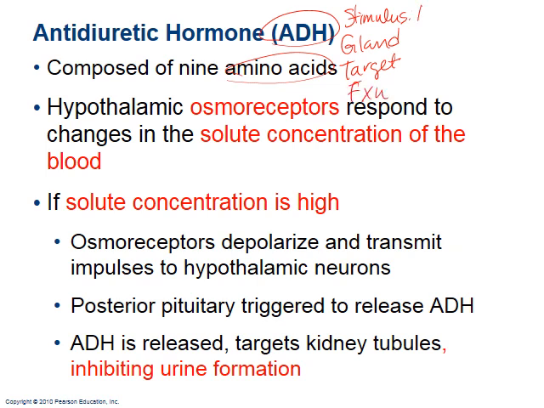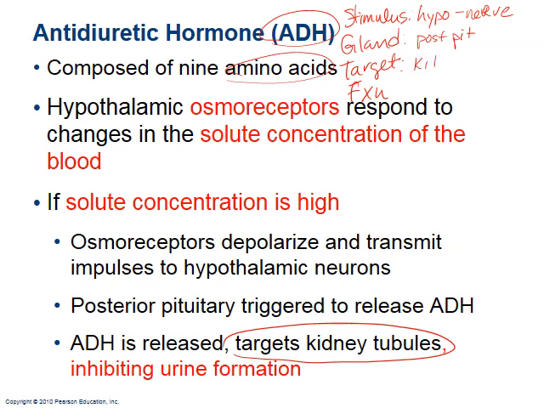So the stimulus, again, is going to have something to do with the hypothalamus and nerve transmission. Something's going to trigger the nerve in the hypothalamus to fire. That's going to cause your posterior pituitary to release ADH. And what's the target? Where is ADH going to go? We're going to see in just a second. It's going to target the kidneys.